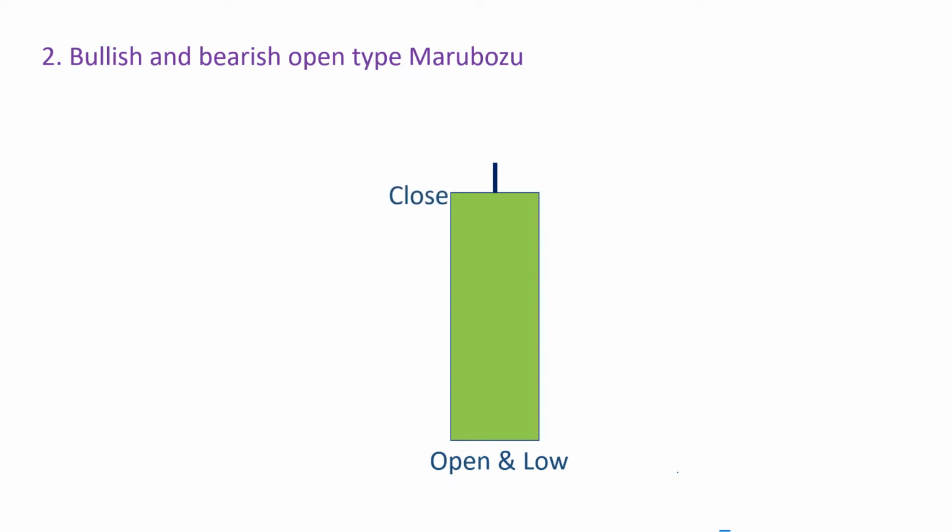This is an indication of the presence of sellers in the market, and this is the highest price for the duration of this candle. The strong bullish open type Marubozu indicates the buyers have strong power and traders should look for a buying opportunity to go long.